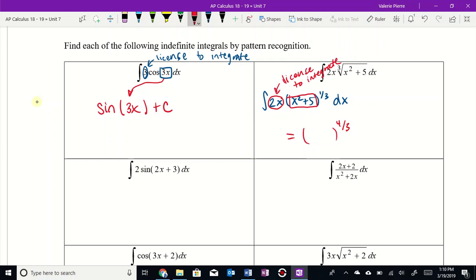So the previous constant to this function was 1. We're going to divide that by 4/3. And then we just want to make sure that we keep our inner function, which was x squared plus 5. So this becomes 3/4 x squared plus 5 to the 4/3 plus c.